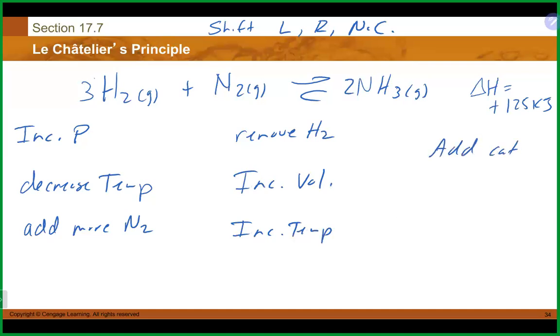All right, so for each of those things, are we going left, are we going right, or will there be no change in this case? Okay, let's take a look and see.